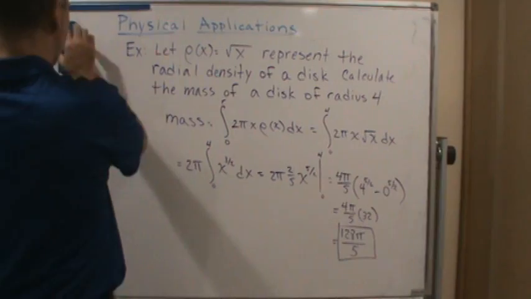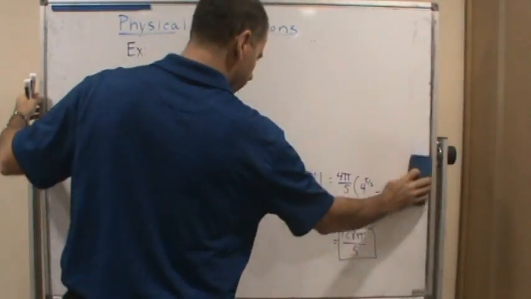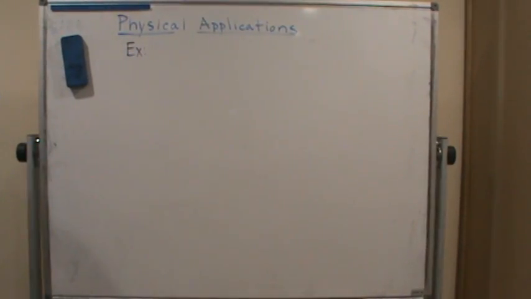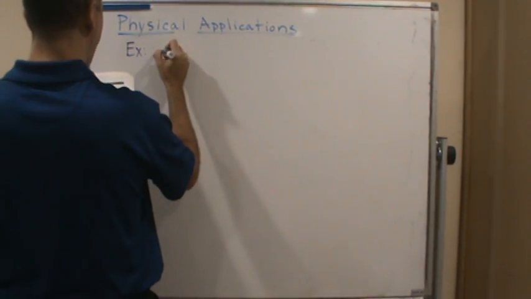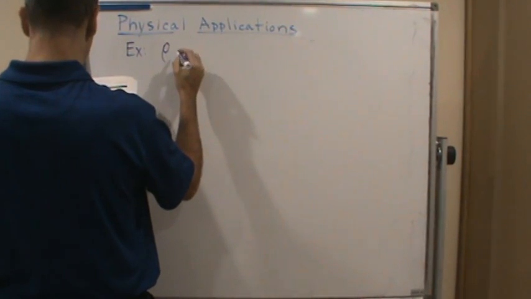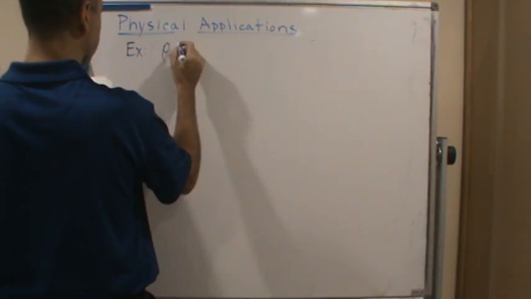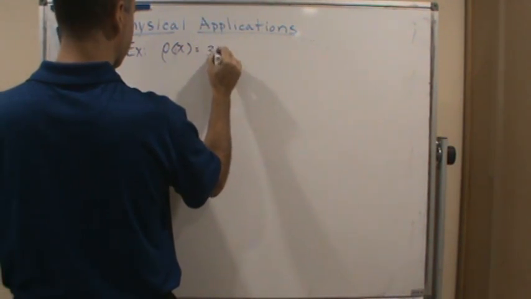Okay, let's give you guys one to work on. And again, practice. Let me know if you have any questions. So I'm not going to write out the whole problem, but I'm going to give you the important information. So let's say the density function in this case is 3x plus 2.